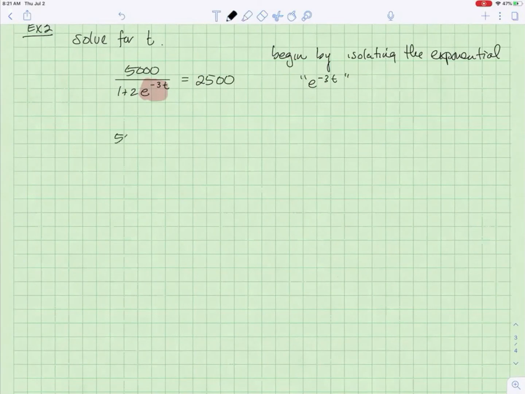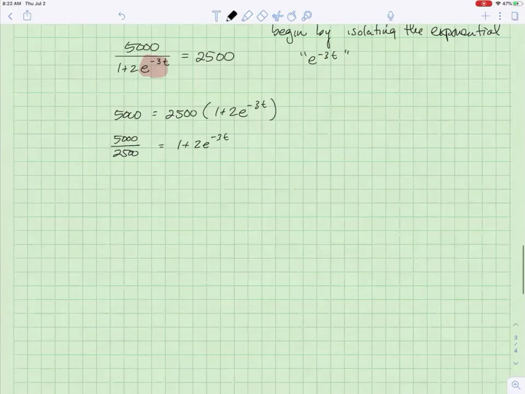This is 5,000 is equal to 2,500 times the quantity 1 plus 2e to the negative 3t. We'll divide both sides by 2,500. We'll get 5,000 over 2,500 is equal to 1 plus 2e to the negative 3t.